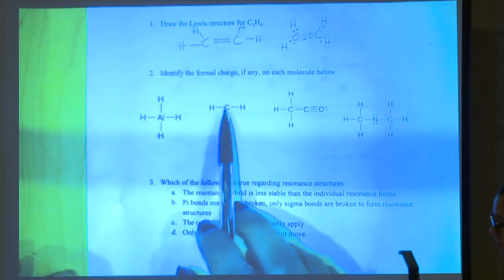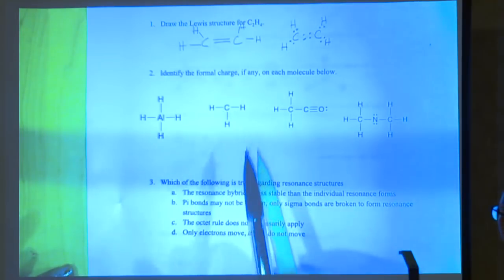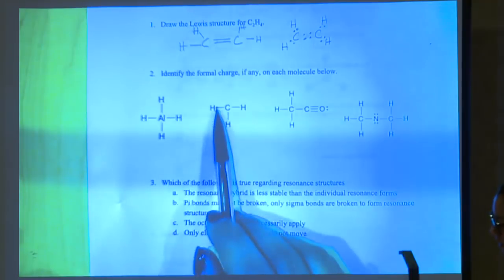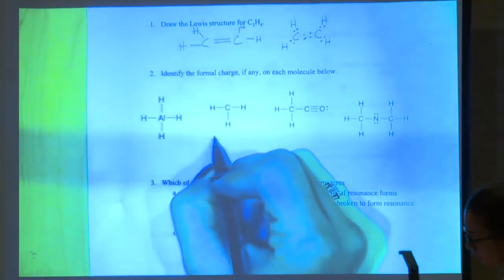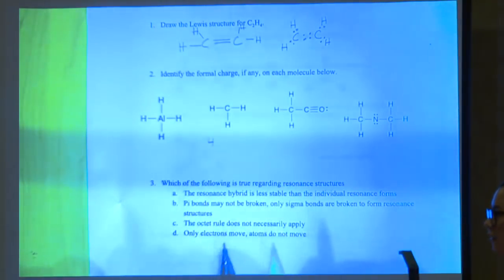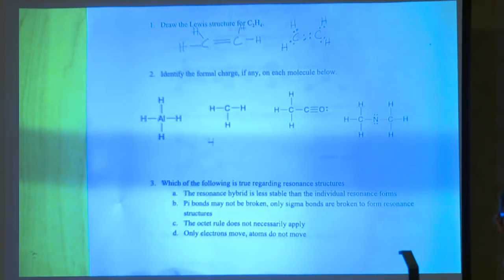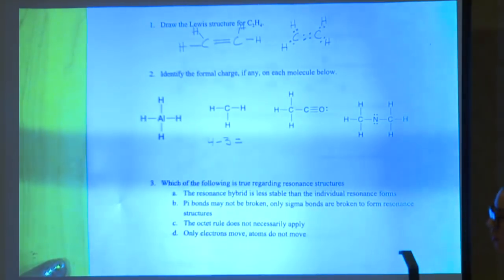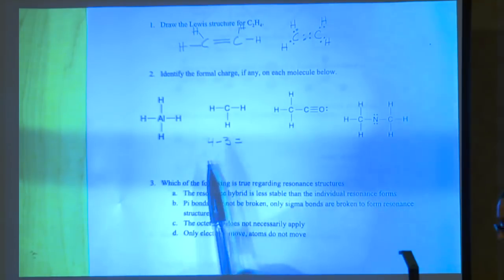Okay, technically it would have one, but it's not drawn on here, and since we're doing formal charge, it doesn't count. So it has 3 bonds, and it likes to have 4, right? So what do we do with that 3? Subtract the 3 from the 4. 4 minus 3.